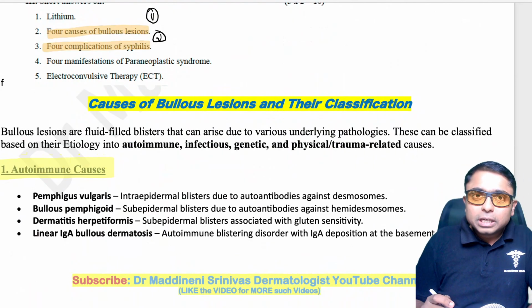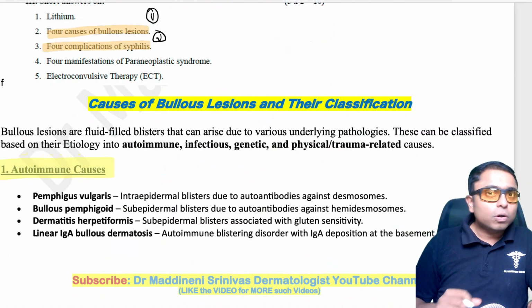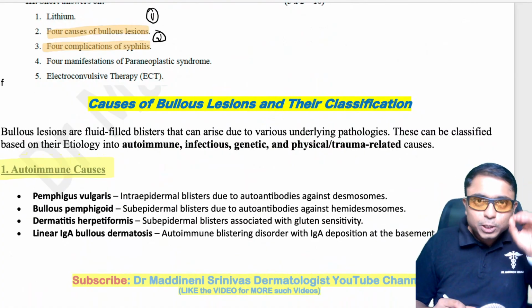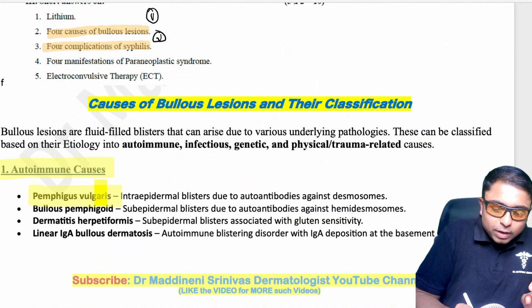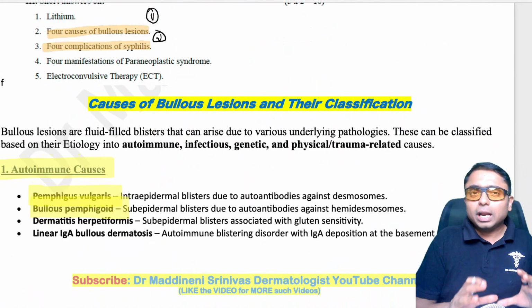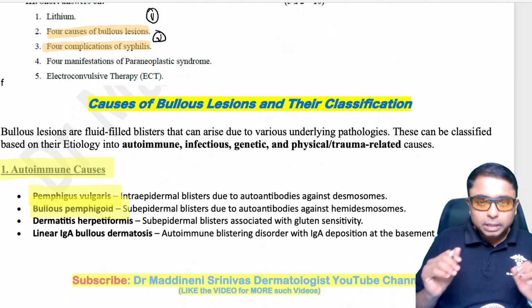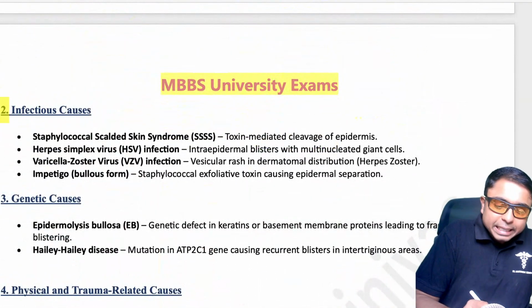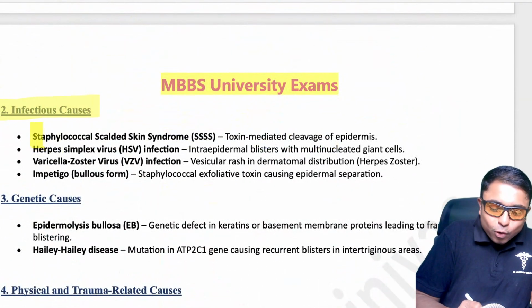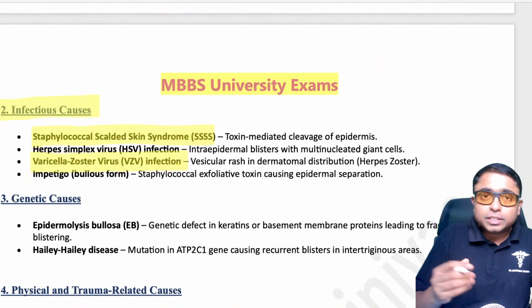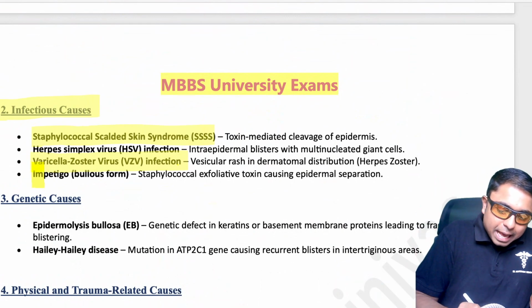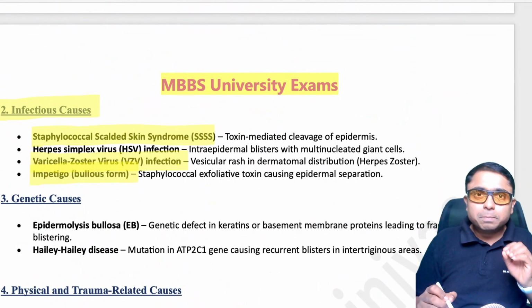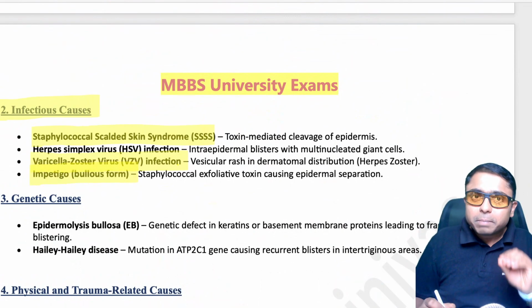So in the bullous lesions, remember autoimmune causes are very important, which are vesiculobullous disorders: pemphigus vulgaris, bullous pemphigoid. If you can write these two names under autoimmune, it's very good. Next, in the infectious diseases, remember staphylococcal scalded skin syndrome and also varicella zoster virus, which can produce chickenpox, and bullous impetigo, which is due to bacteria.